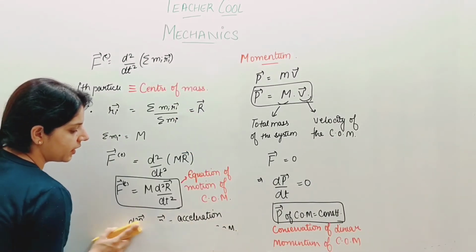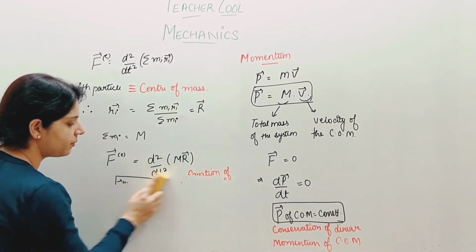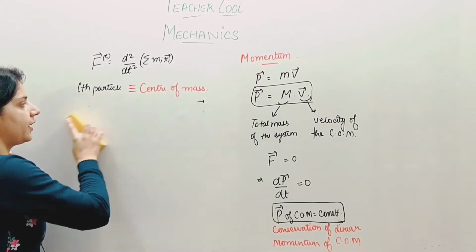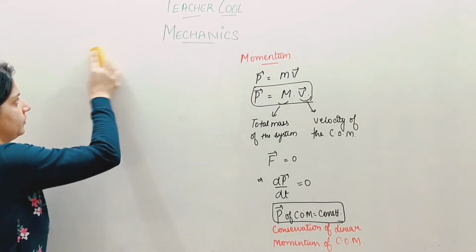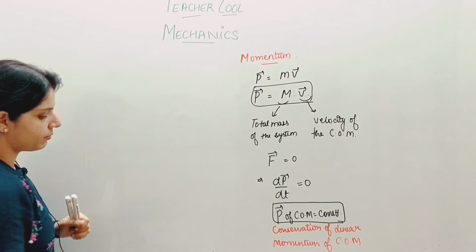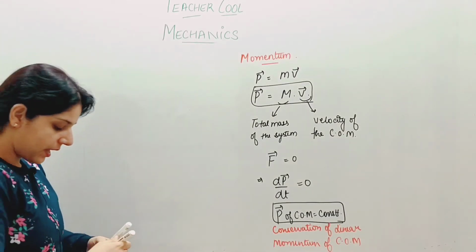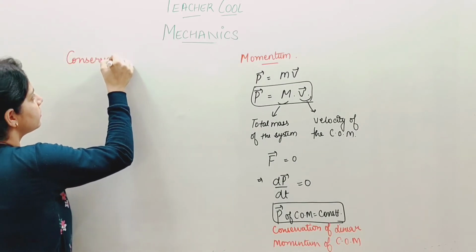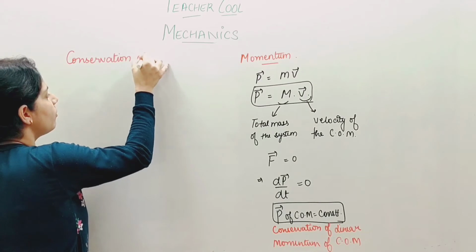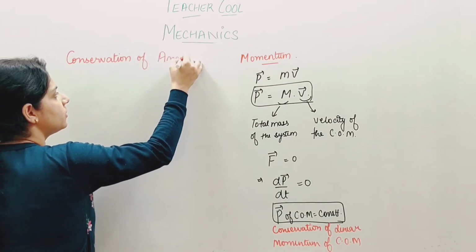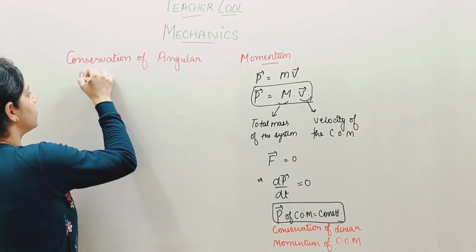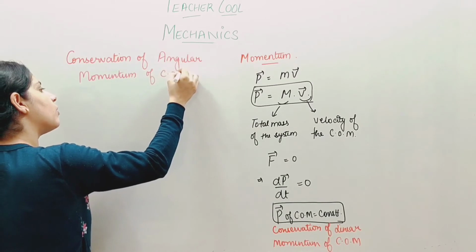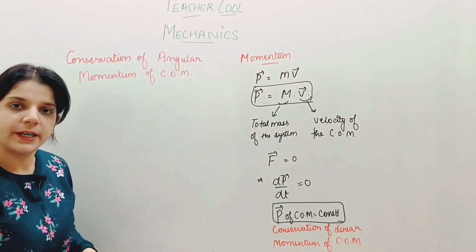So, since we are done with the conservation of linear momentum, the next topic is obviously the conservation of angular momentum of center of mass, right?